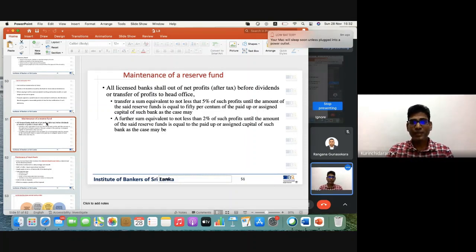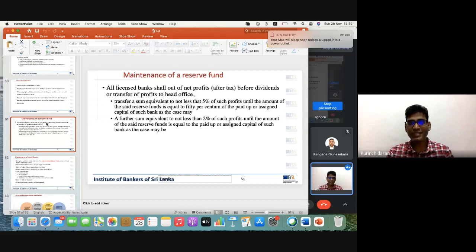Whenever you earn profit, you have to assign 5% of such profit to a reserve fund. When it reaches 50% of the paid up capital, then after that, you have to assign 2%.